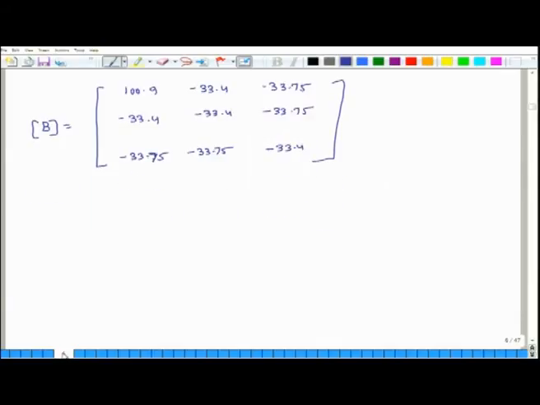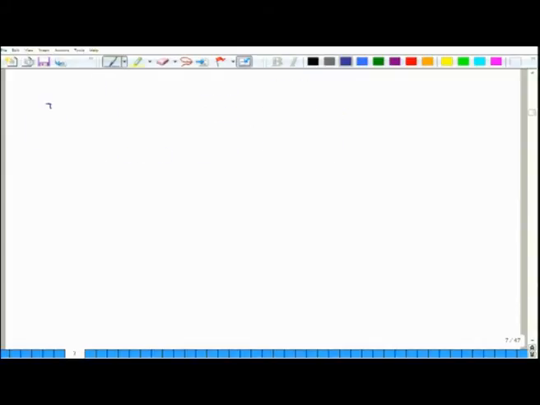So, this is the B matrix, and finally, we compute elements of the D matrix. So, Dij equals the sum for k equal to 1 to n of Qij bar for the kth layer times (Hk cube minus Hk minus 1 cube) divided by 3.